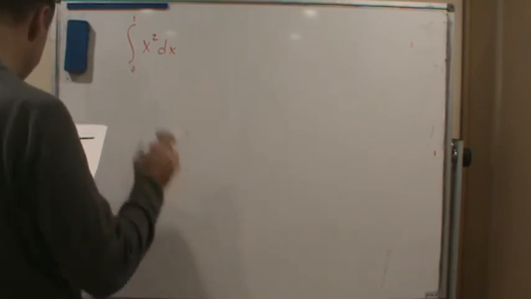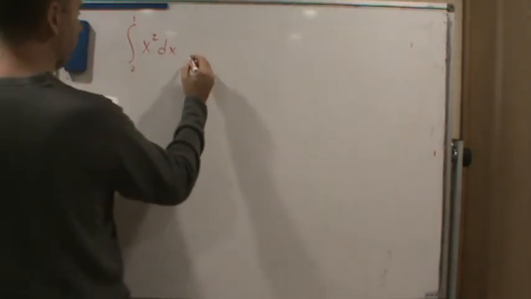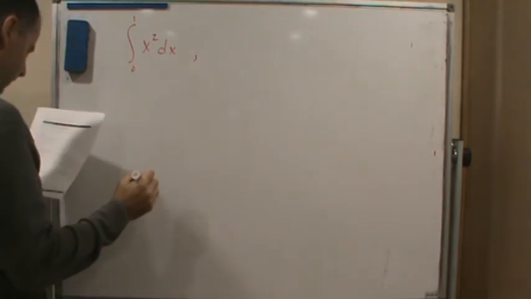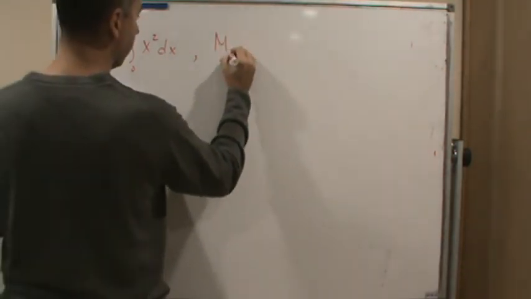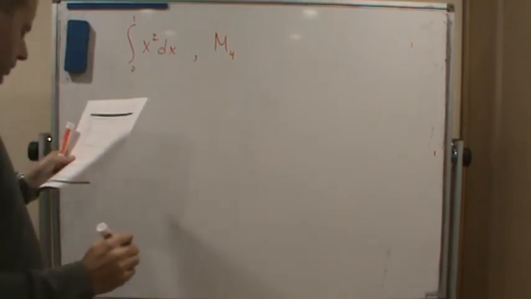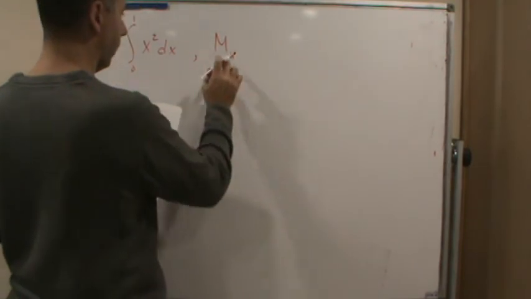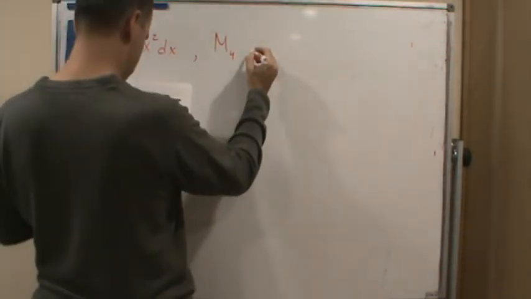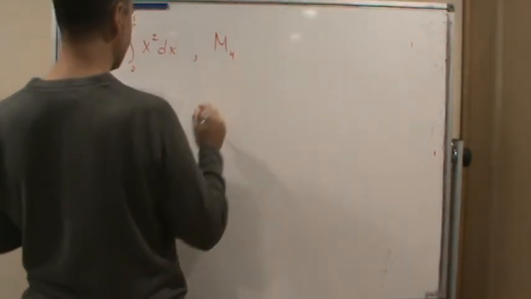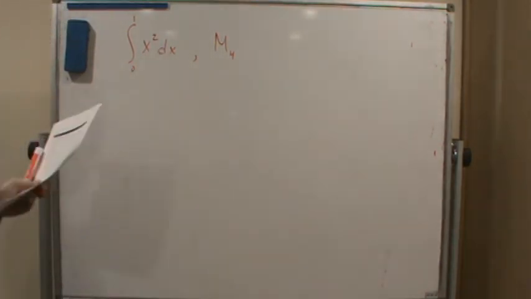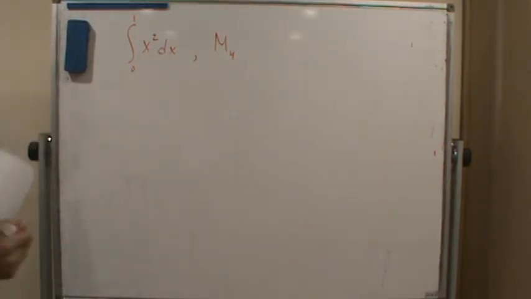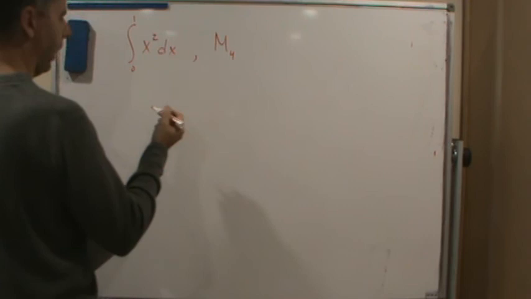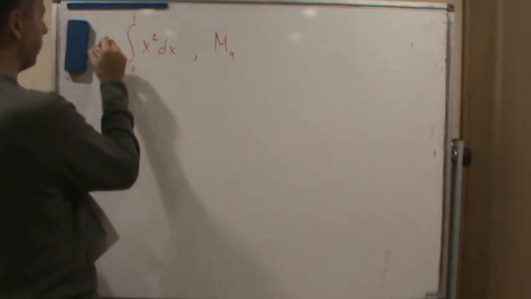You can integrate that. But what I want you to do is find the upper bound, right? I want you to use M4 and find the upper bound of using M4 to estimate this integral. Okay? And then what I also want you to do is, so that'll be 1.